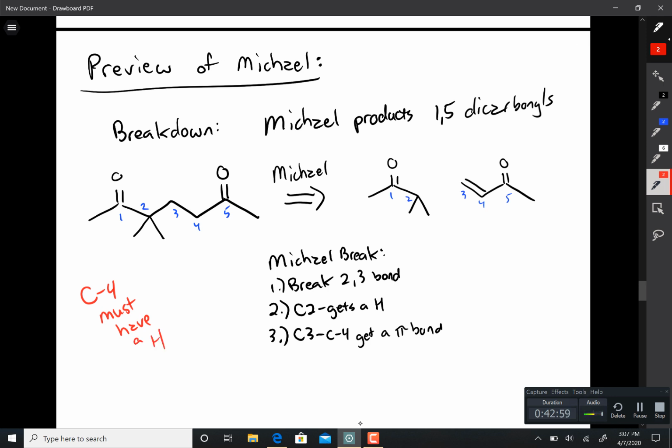If carbon 4 doesn't have a hydrogen, then you don't want to break it down that way. What I mean by that, try renumbering it backwards. So this is carbon 1. And then try doing the breakdown on this pattern. And hopefully you see why carbon 4 must have a hydrogen.